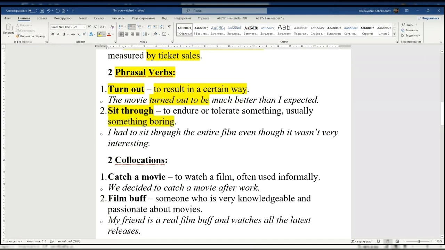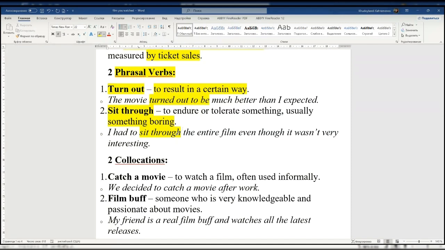For example, I had to see through the entire film, even though it wasn't very interesting, right? It's really a perfect phrasal verb, see through. For example, during my childhood, I had to sit through a movie called Esmeralda, because we had to have dinner together with my family, and watching that movie was a disaster for me, right?